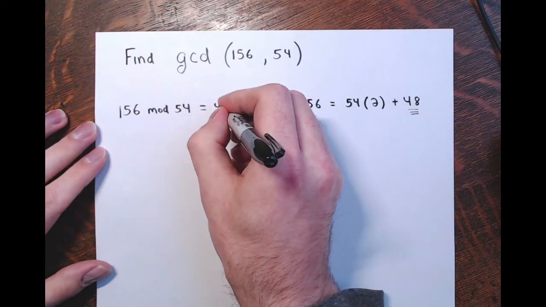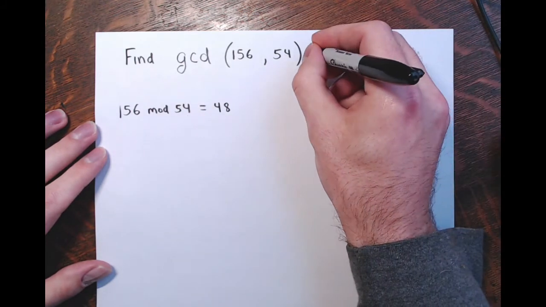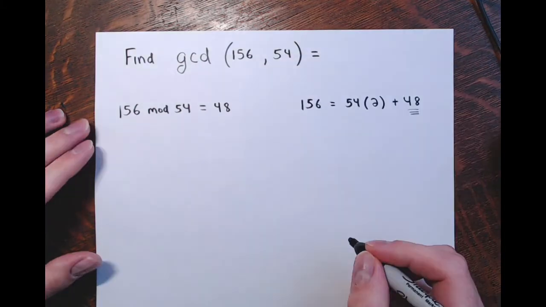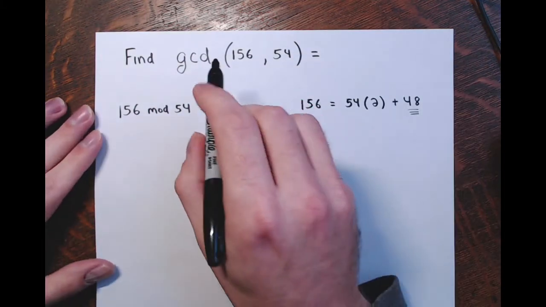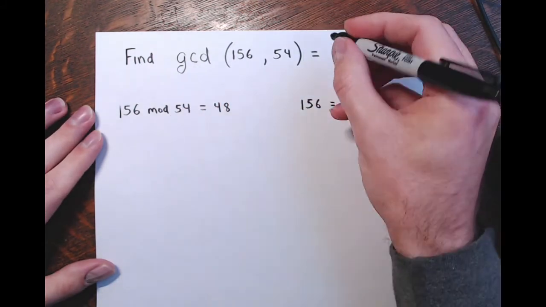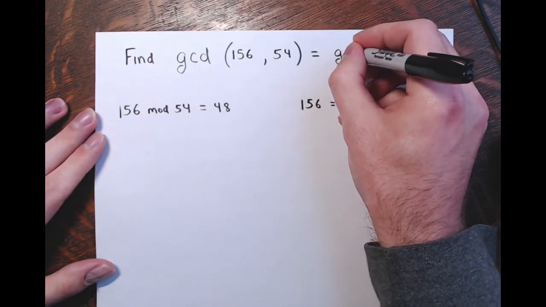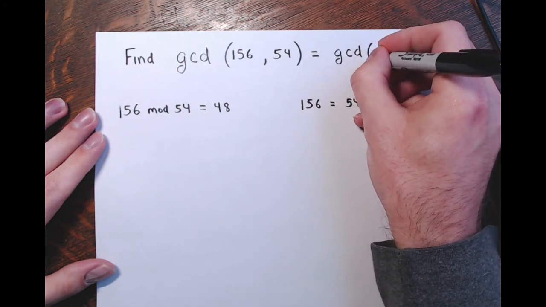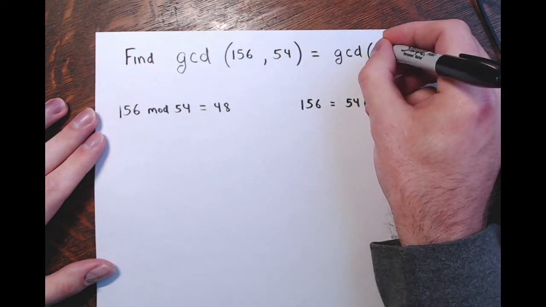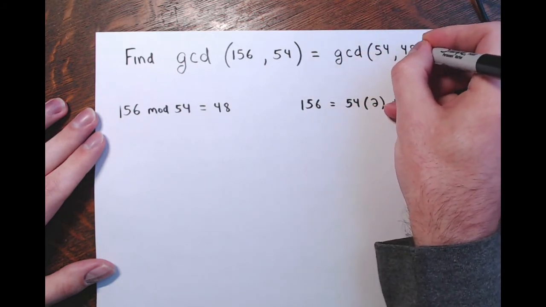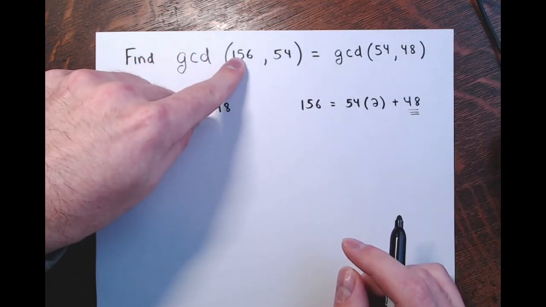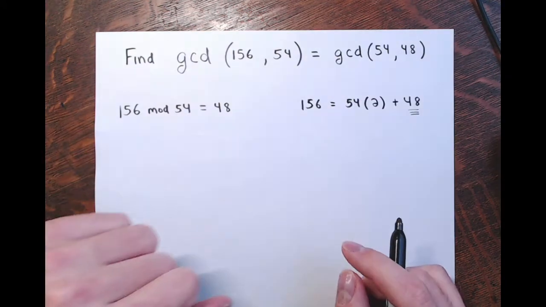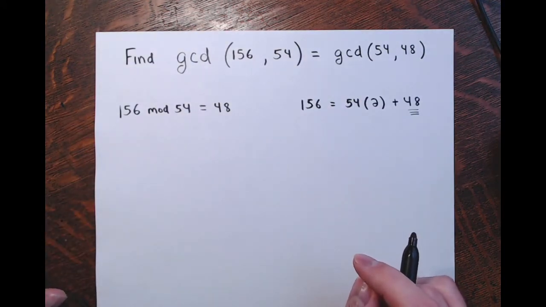So now, by the greatest common divisor theorem that we just saw, the greatest common divisor of 156 and 54 will be equivalent to the greatest common divisor of 54 and 48. Again, replacing the larger number with the remainder when you divide by the smaller number.